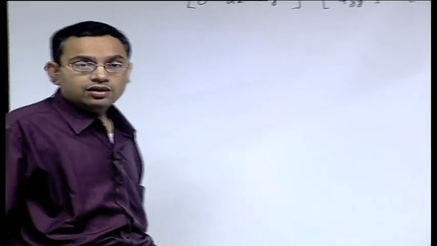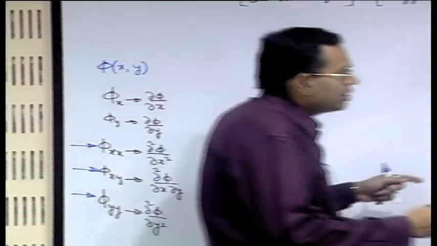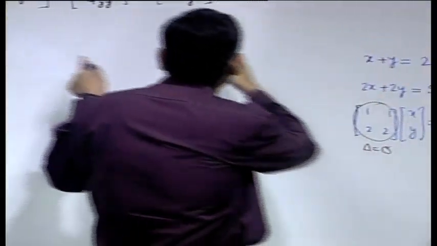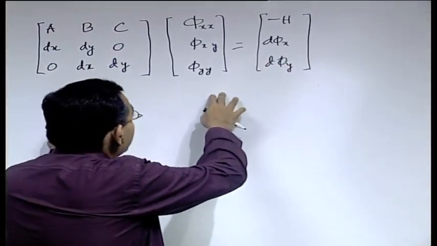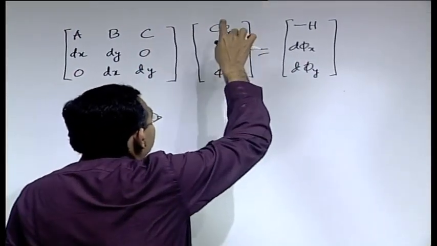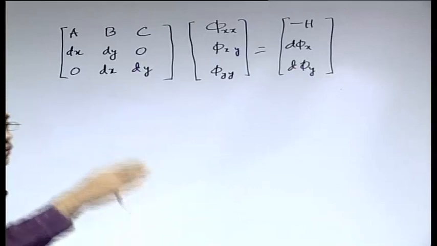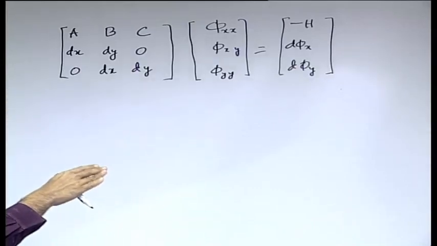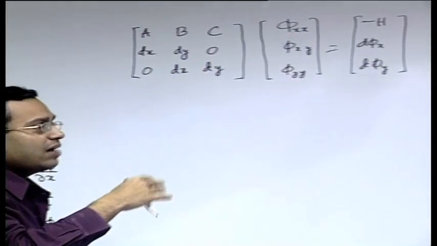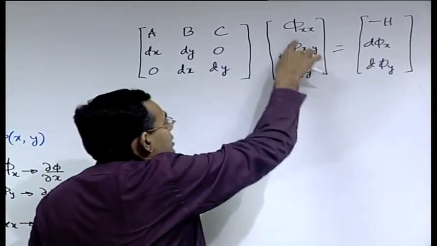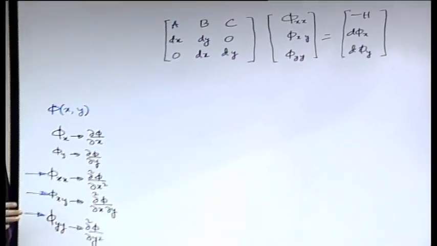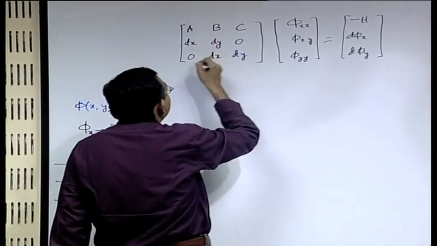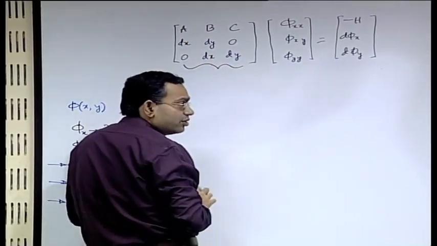unknowns. So, how can we borrow this knowledge from here to here? How can we do that? So, here we want that solutions, we want to get the locus of those points across which you will have discontinuities in phi xx, phi xy and phi yy. That means the solution will not exist, and that is possible only if this determinant is 0.